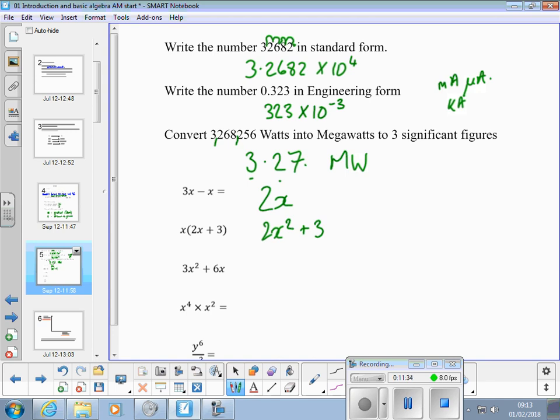Three x squared plus 6x, how could we rewrite that? Plus. So what could we do with that to simplify it?